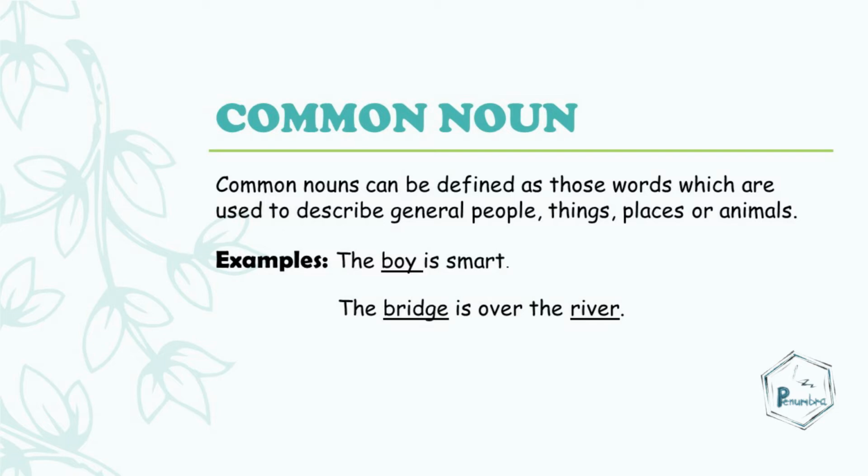So, in this sentence, the boy is the common noun. Second example goes as the bridge is over the river. So here there are two nouns, the bridge and the river. Both of them are used to describe a specific object or a specific place.